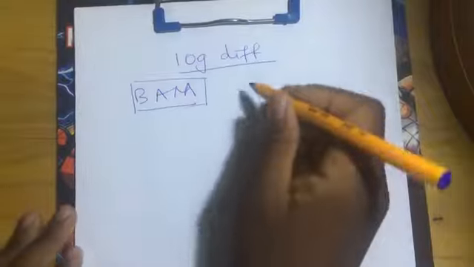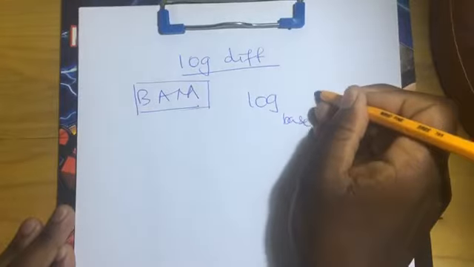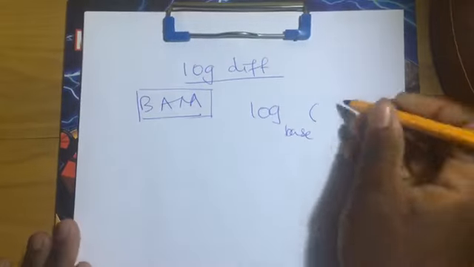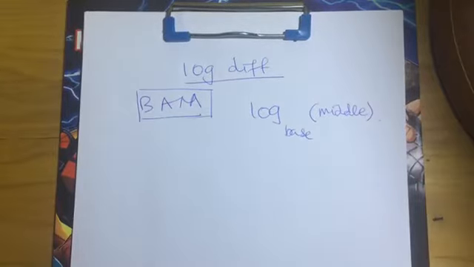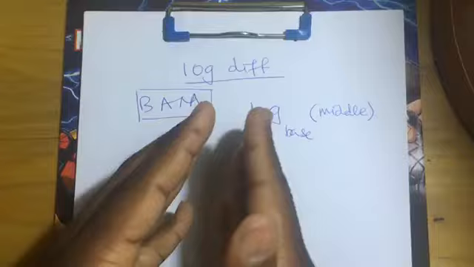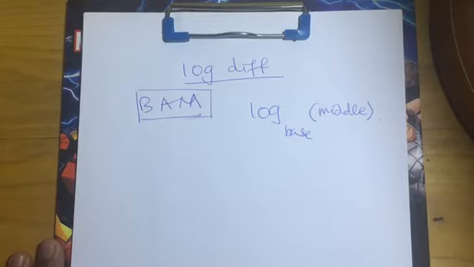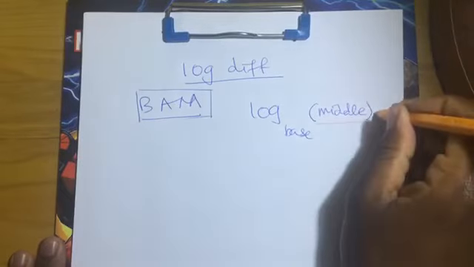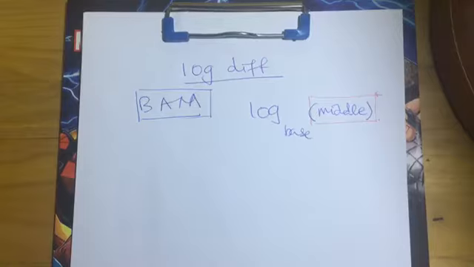Excellent. So if I have a log, for instance, log base, then whatever I'm going to have here, we refer to it as the middle part. This helps us know what part I'm talking about. Whenever I talk about the middle part, I'm referring to what comes after the base.